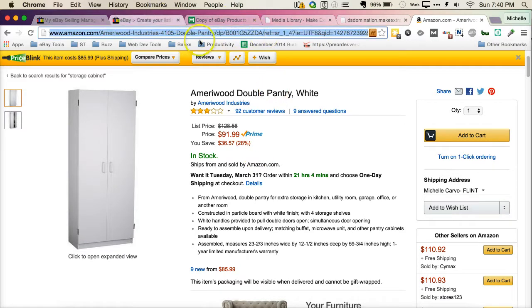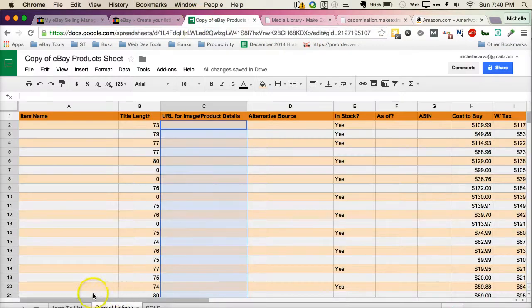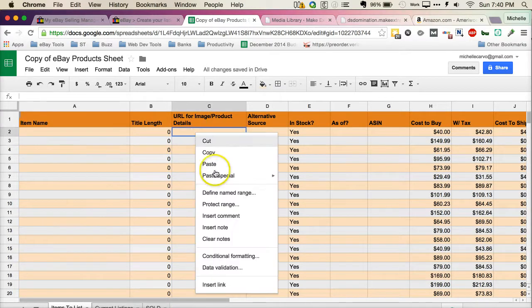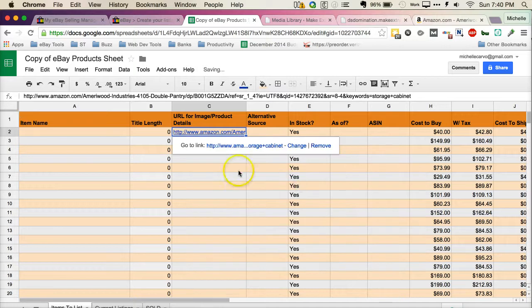So we'll just assume we're going to list this item, and we'll grab this URL. I have a spreadsheet that helps me keep track of all of my items. I'm going to go to my items to list tab, and by the way, I will be providing this spreadsheet to you. What I do is I go to paste special and paste values only.